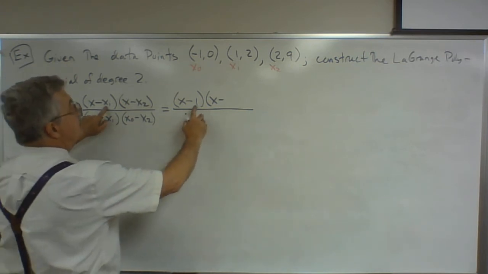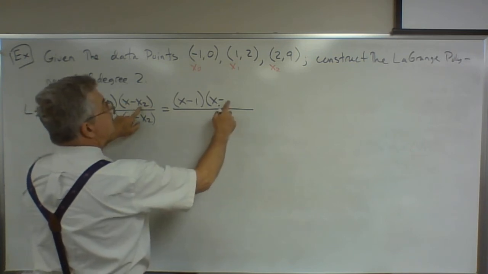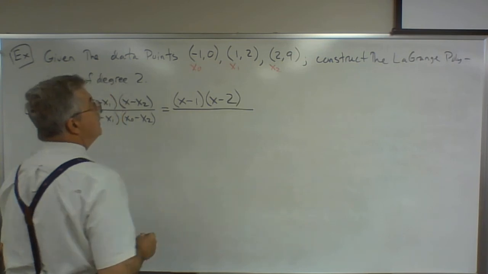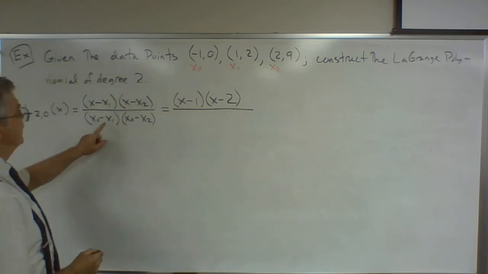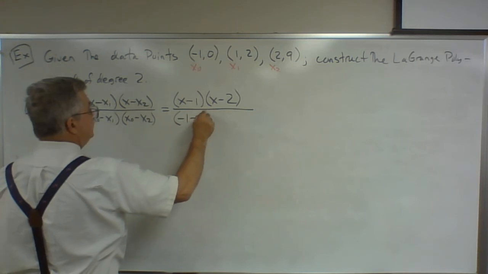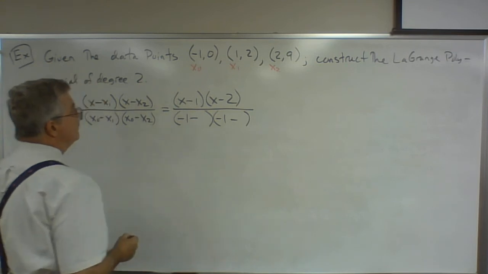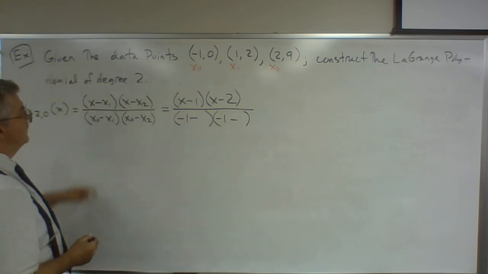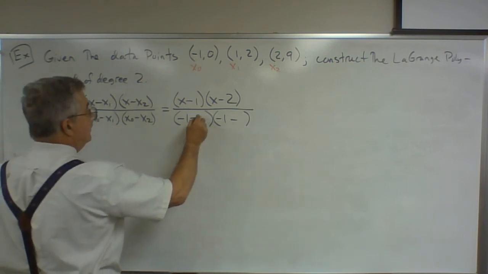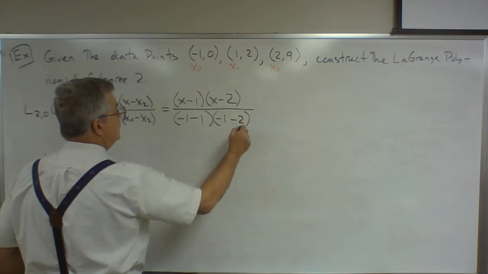X minus x1, that's 1. X minus x2, that's 2. And then we have x0, which is negative 1, minus something. And let's say, these two things match, don't they? So, minus 1, minus 1, minus 2, minus 2.